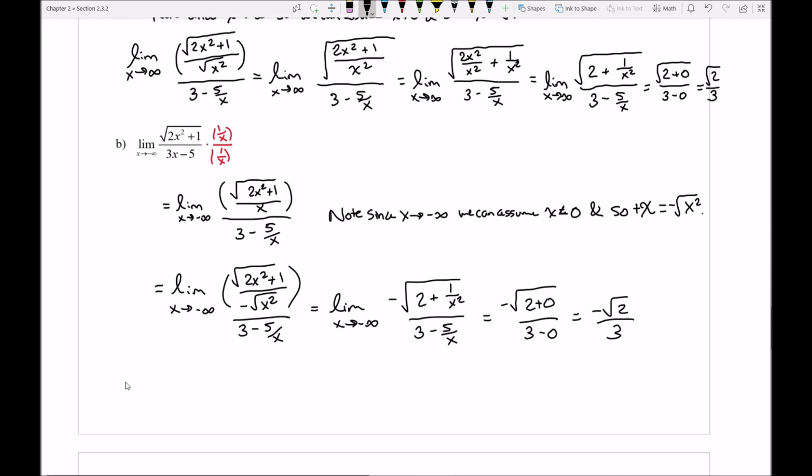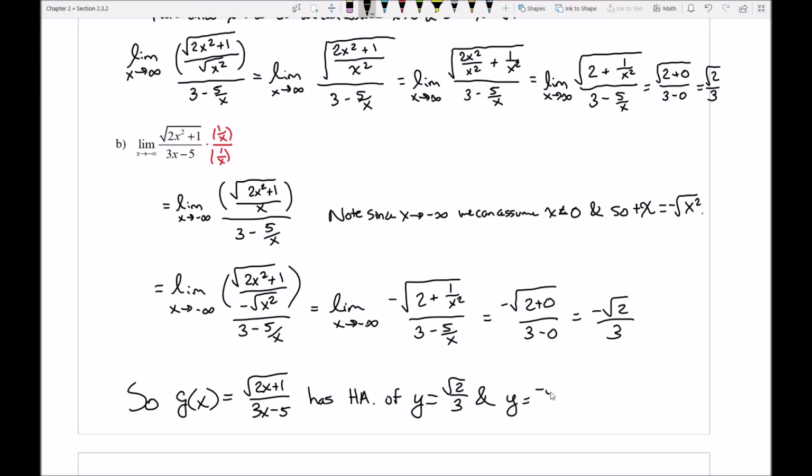Well, what we can see is that this function has horizontal asymptotes of y equals square root of 2 over 3 and also y equals negative square root 2 over 3. Again, we're finding information about horizontal asymptotes by computing these limits.